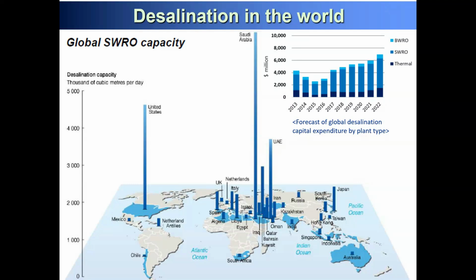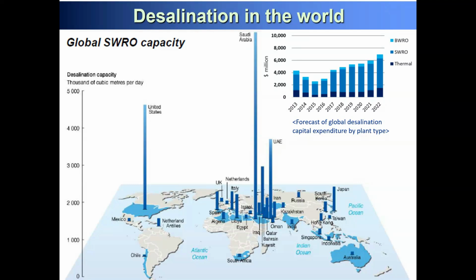And look at the overall market of seawater desalination plants using membranes. It's almost 6,000 million, which means 6 billion for capital cost only. And then operation cost, because you need pressure, you need membranes, you need cleaning, you need maintenance.